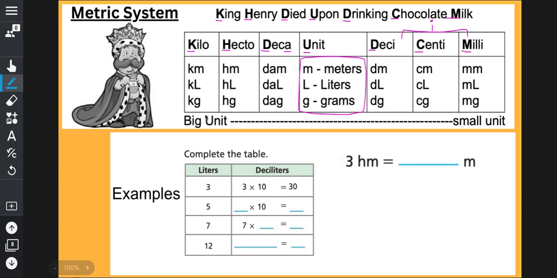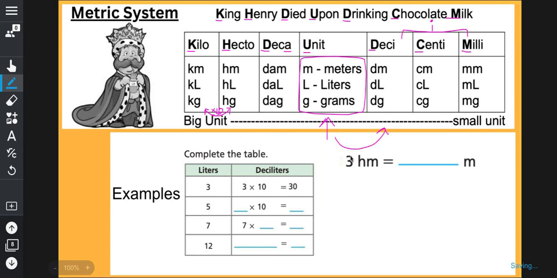All of these units are 10 times bigger or smaller than the one next door to it. So to go from hecto to kilo, it's 10 times bigger, 10 times smaller. So we can divide by 10 or multiply by 10. That's really handy because then all we're doing is either adding zeros or moving decimals. So if I want to look at an example below, if I have liters, I am right here. And I want to move to deciliters.